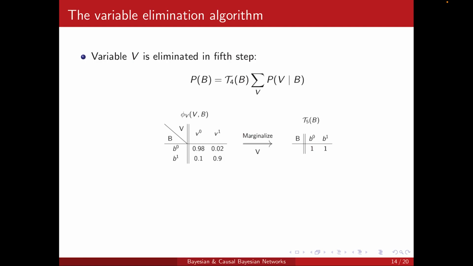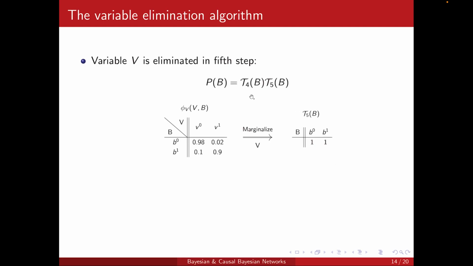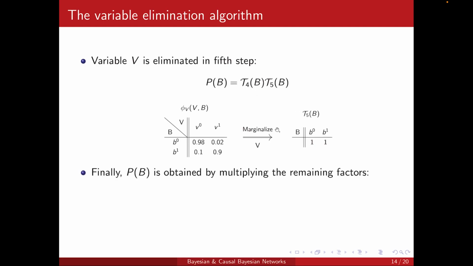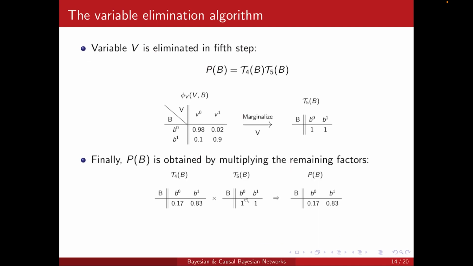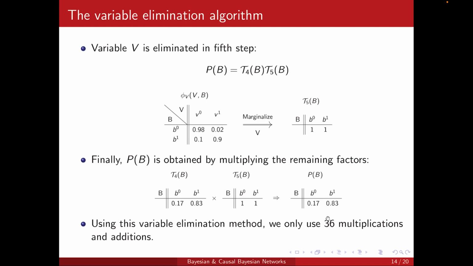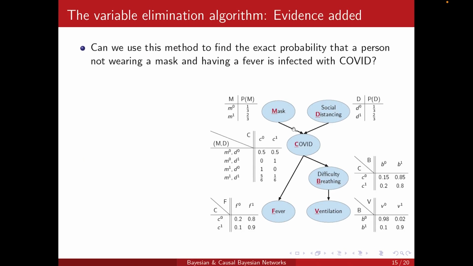We said that this summation can be made to be equal to 1. So at the end, I just end up with these two factors, and if I multiply that, then I will get this final result. Okay. Using this variable elimination method, we only use 36 multiplications and additions.